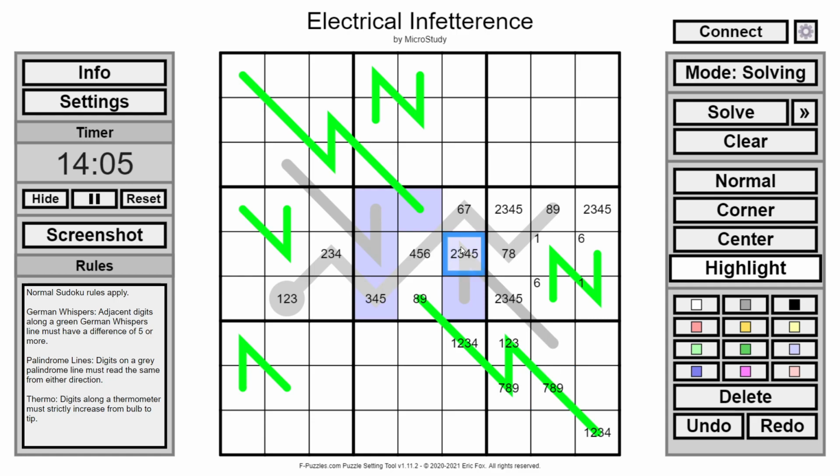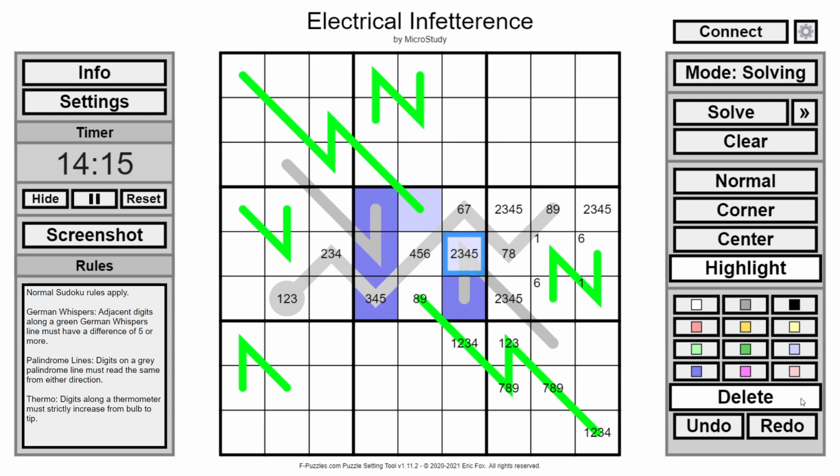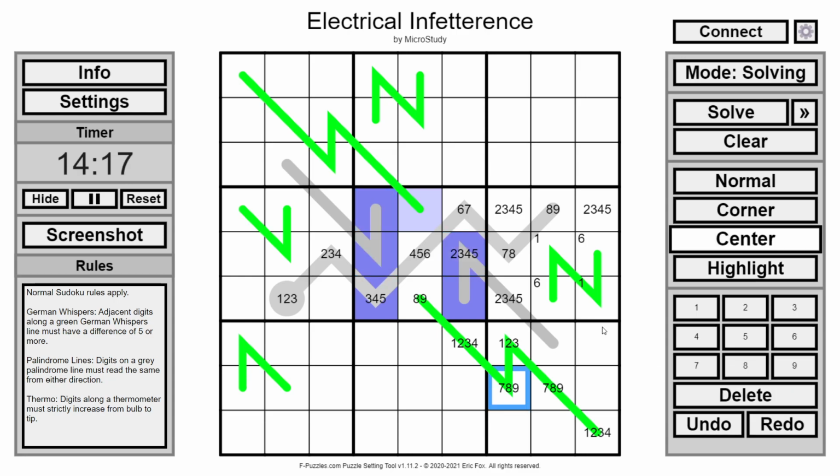Right? And if we tried to place them, obviously in the same row, or here, or here, we need, in the dark and light blue cells, to fit 1, 2, and 3.